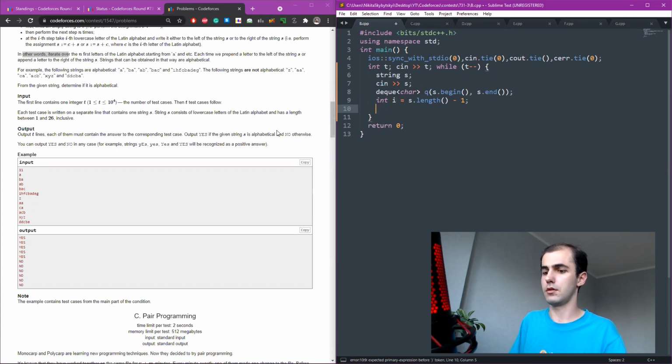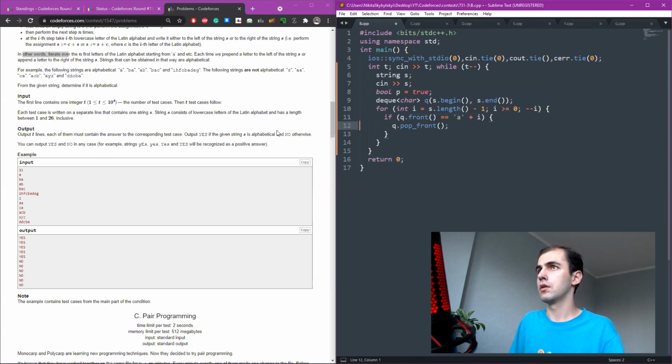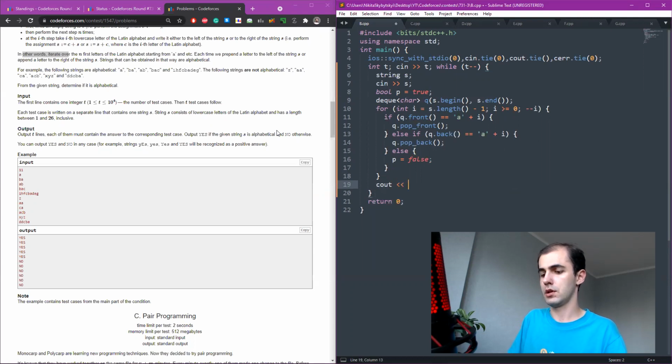If q front equals a plus i, q pop front, else if q back equals a plus i, q pop back, else p gets false, then we print yes, no.